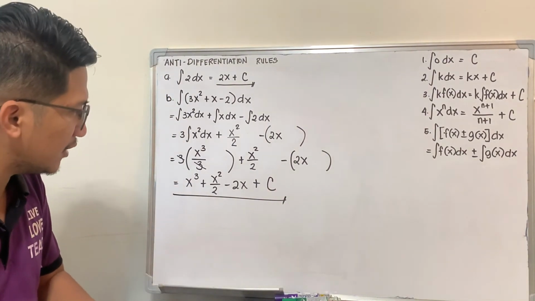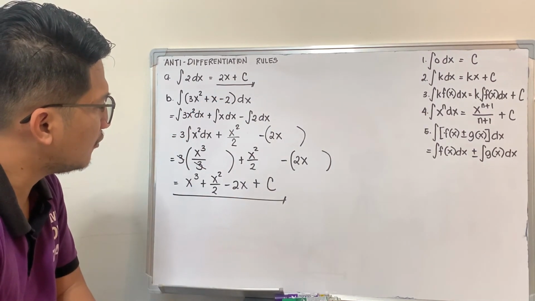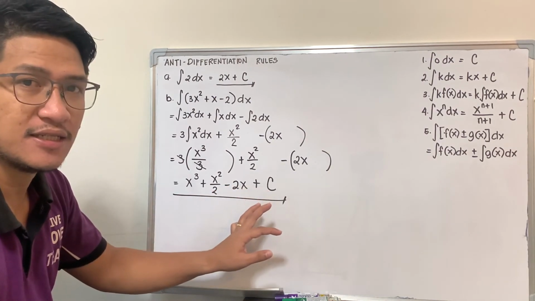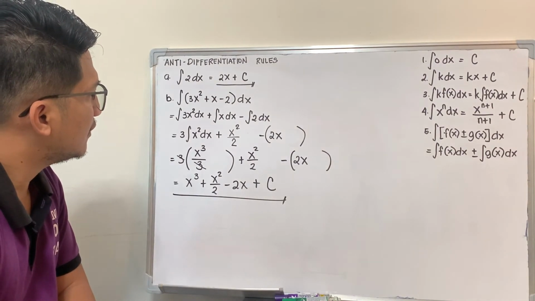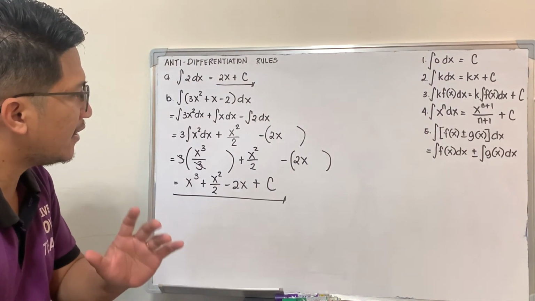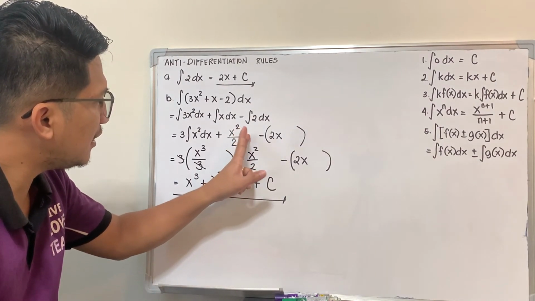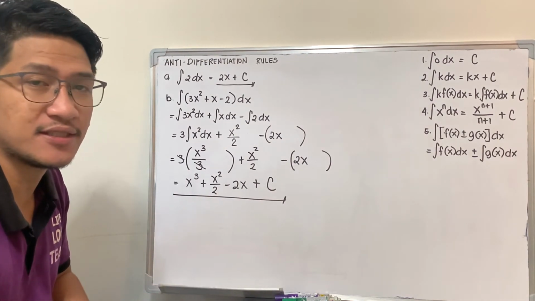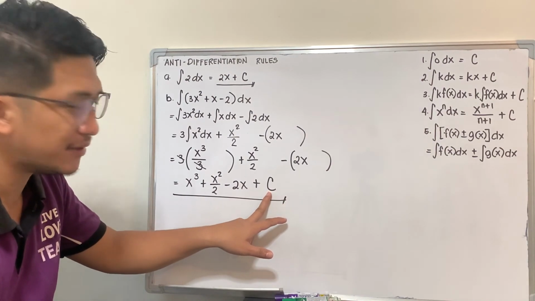Atong gibuhat is we are trying to remove those plus C. Ang atong tanawon is, siguroon nga naa gyud ang plus C sa imong final answer. Okay? And that would be enough. I think nakasabot naman siguro nga ang mga C dito are any constants. So, when you combine any constants, any constant gihapon siya.